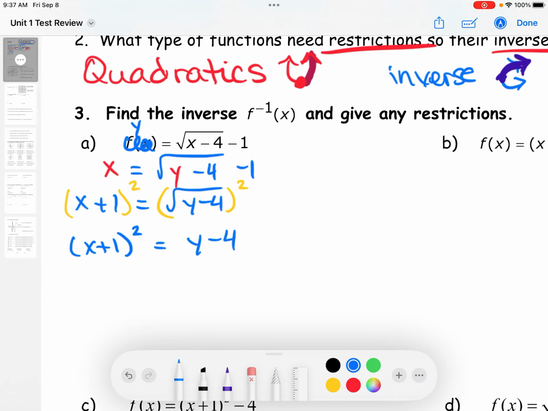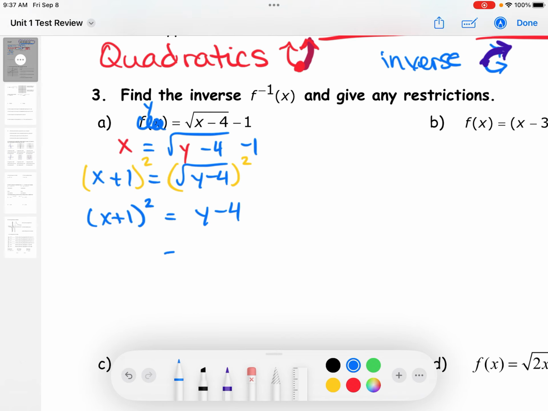And yes, we can leave this left side in this form. You do not have to expand that out. You could if you really wanted, but don't worry about it. To finish solving this for y, we need to add the 4. We can't add the 4 into the parentheses because it's already squared. So we just put a plus 4 out here.